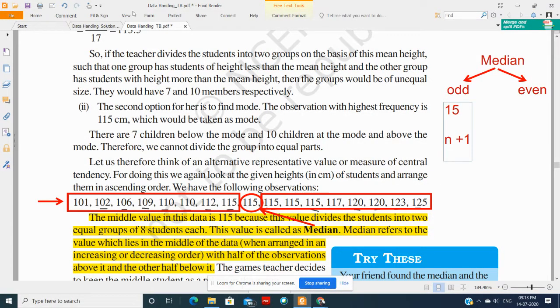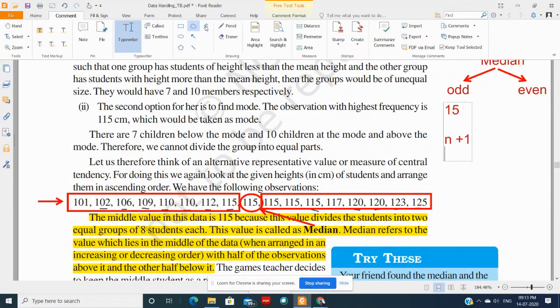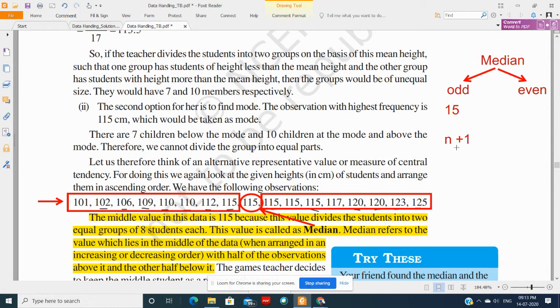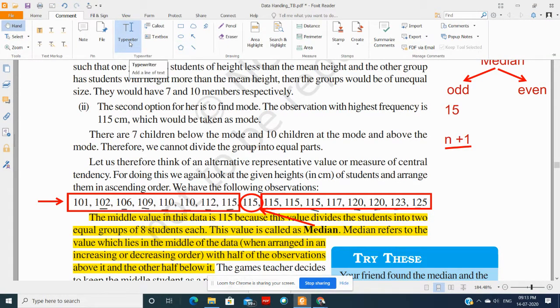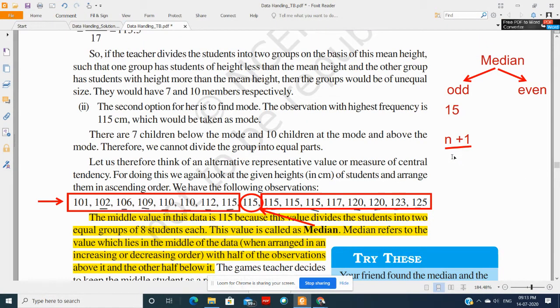I'll just draw it here. You will write it like this: n plus 1 divided by 2.